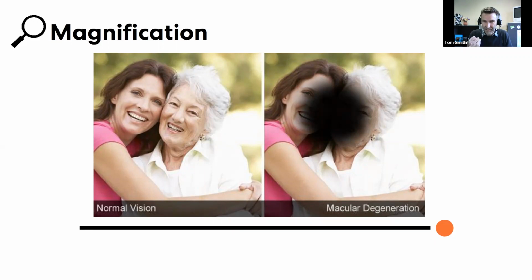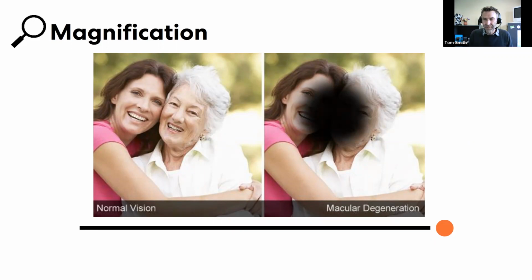This is probably not the best example, but you can see how the vision loss is quite specific to the central part of your vision. So making text bigger, if you're trying to read, isn't necessarily going to help very much. We find this quite a lot, where it actually made it worse rather than better. So going straight to magnification isn't always going to be a huge benefit for a lot of people.